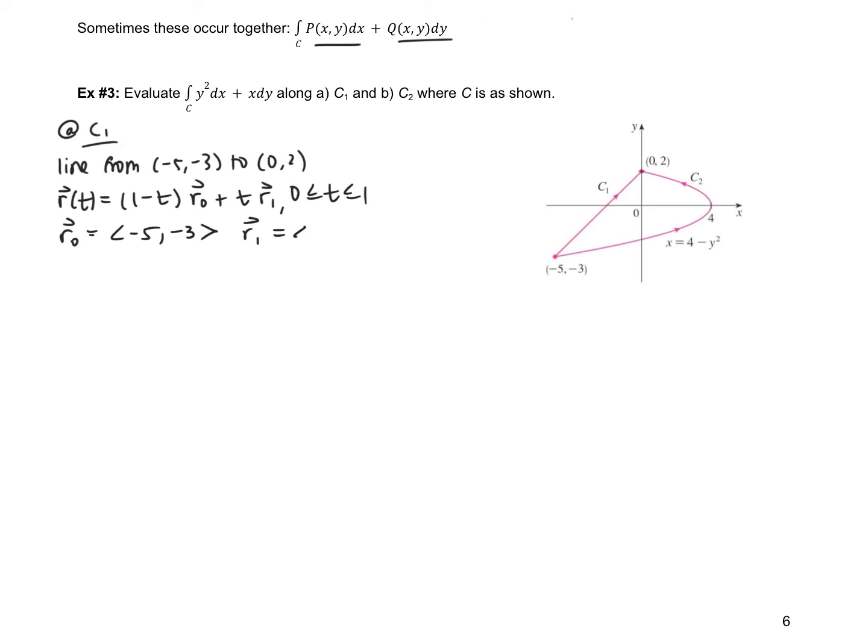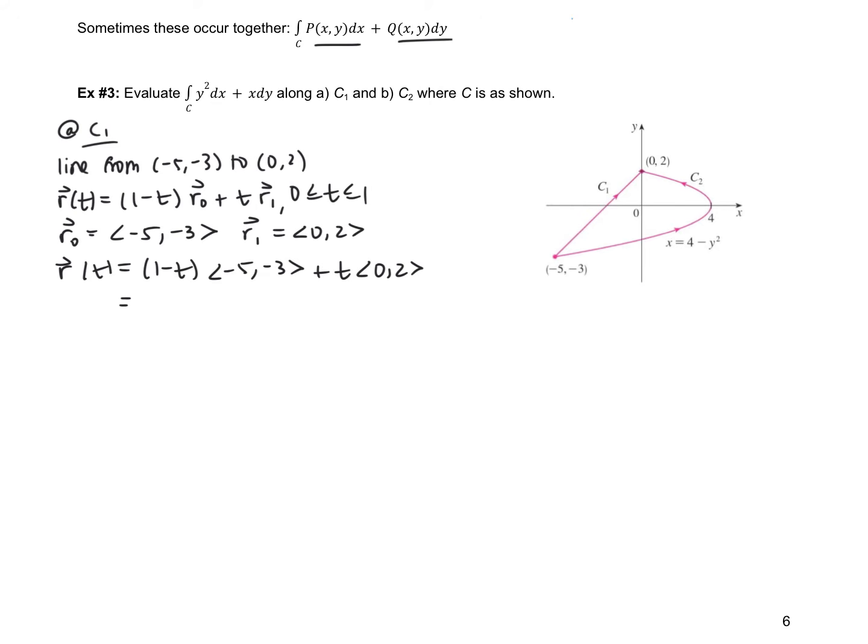And then we are going to the point 0, 2, which means that we can write r as 1 subtract t times -5, -3, and we are adding t multiplied by 0, 2.